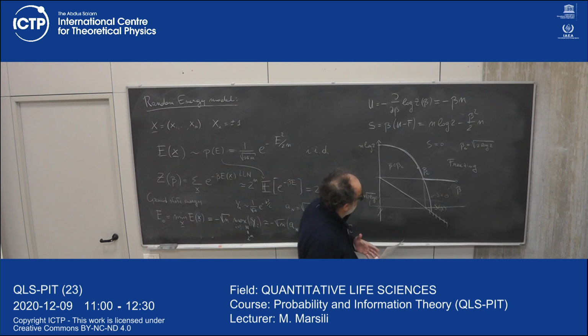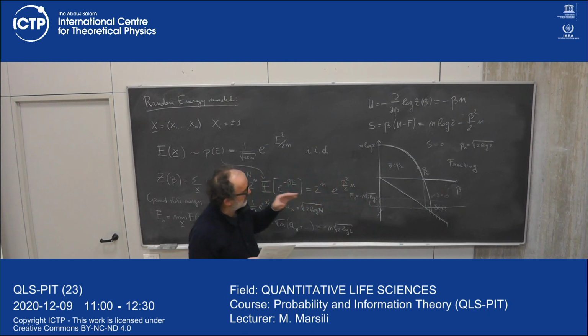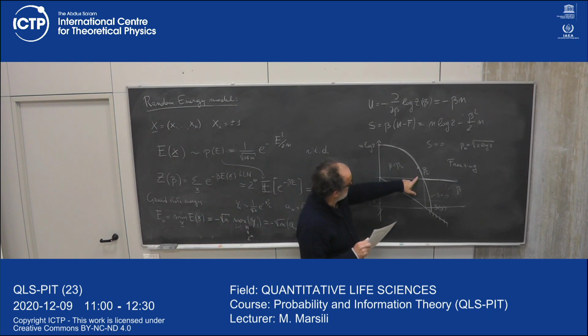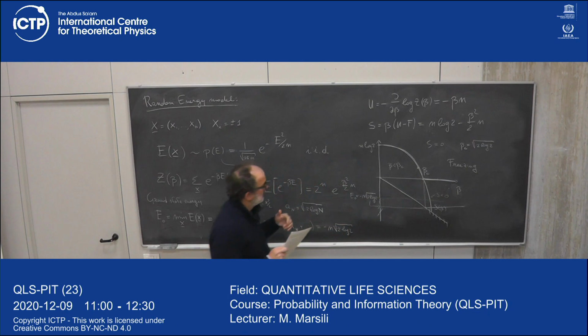Actually, things are much more complex than this, but at least the thermodynamics of this system is described by this phase transition. Again, notice that this is a second order phase transition, because the entropy, which is the first derivative of the free energy, is continuous, so there is no latent heat.